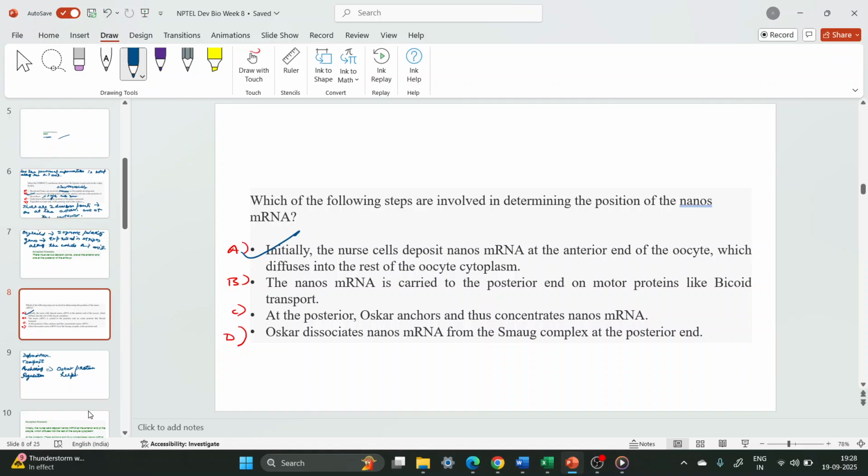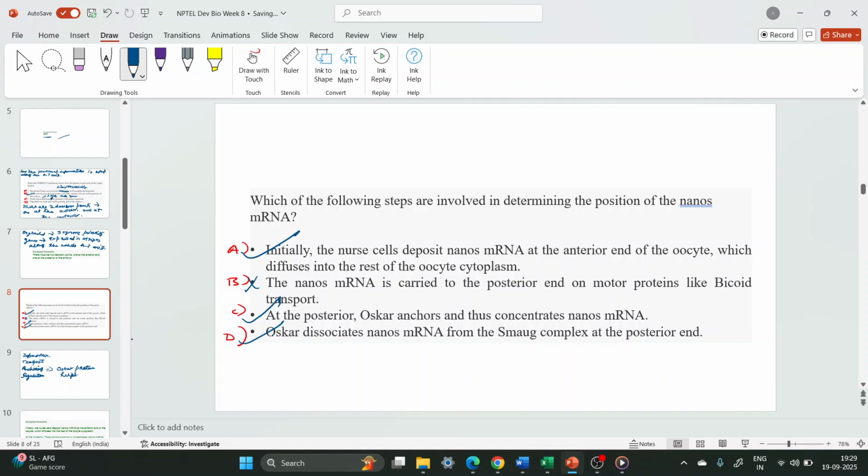Bicoid localizes via a different anterior anchoring system. So this is wrong. Then at the posterior, Oskar anchors and thus concentrates nanos mRNA. Yes, it is correct. Oskar is essential for nanos localization at the posterior pole. Then Oskar dissociates nanos mRNA from the Smaug complex at the posterior end. Yes, it is also a correct statement. Smaug represses nanos elsewhere, but at the posterior Oskar relieves this repression, which allows translation.